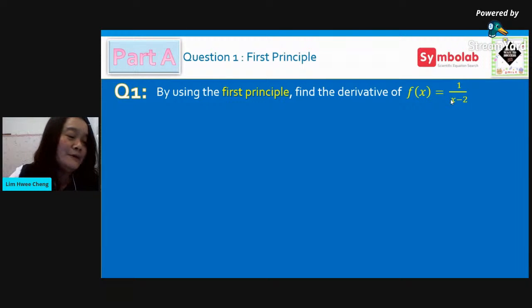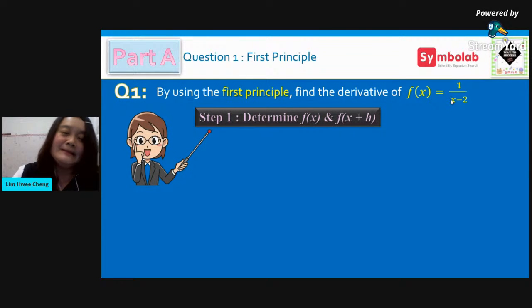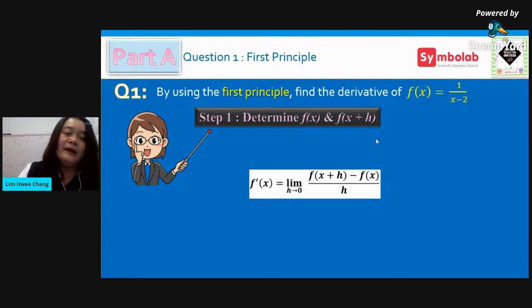If you want to solve this kind of problem, I normally go through 3 simple steps. Before you do anything, the first step is that you have to determine your functions f(x) and f(x plus h). Using the formula of the first principle, we have the limit of f(x plus h) minus f(x) over h.